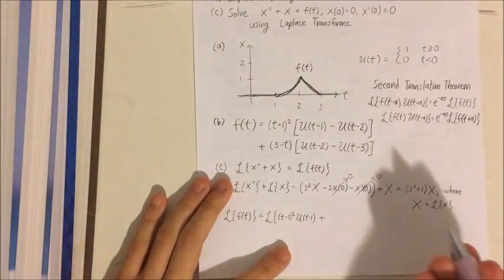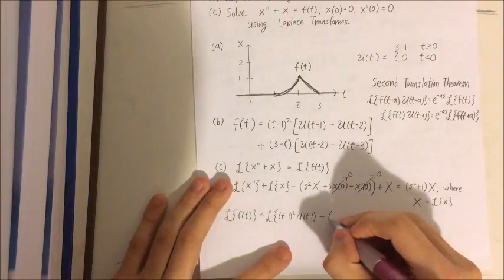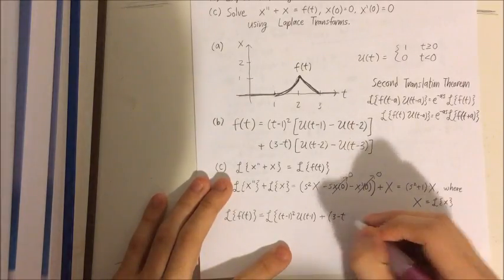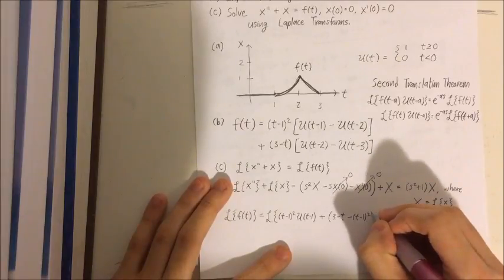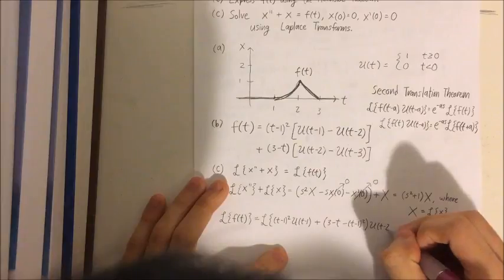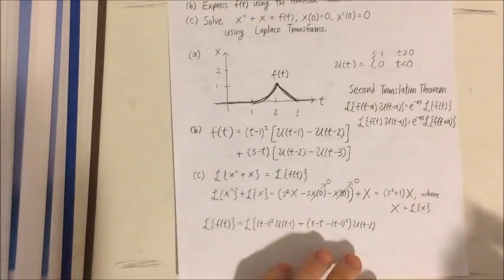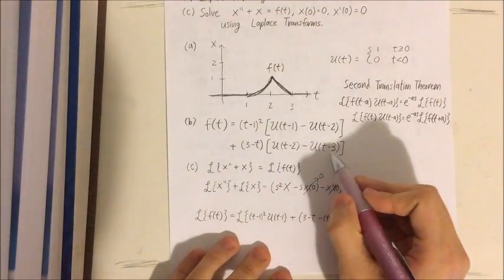So what's that going to give us? Well, we're going to get this, and it's minus this times that. So we're going to have 3 minus t minus t minus 1 squared times u of t minus 2. And then over here, we're going to have minus 3 minus t times u of t minus 3.